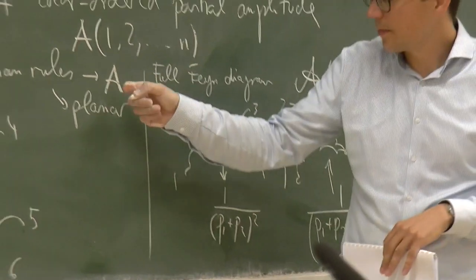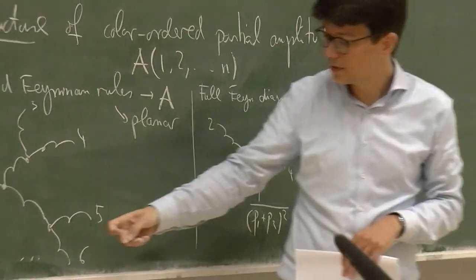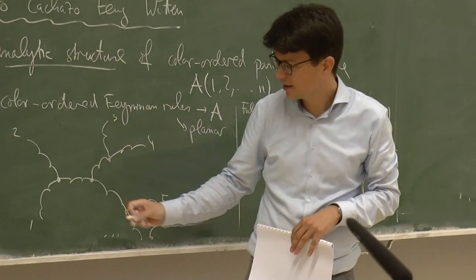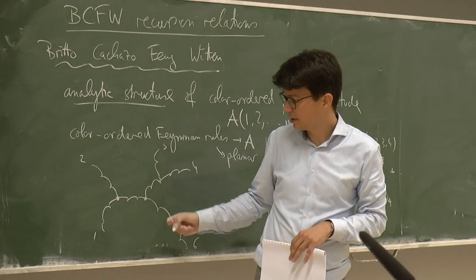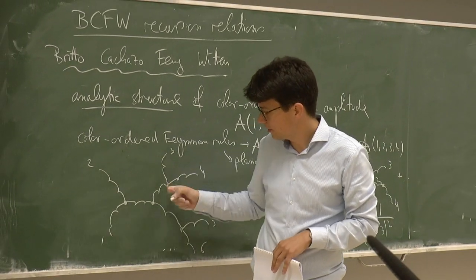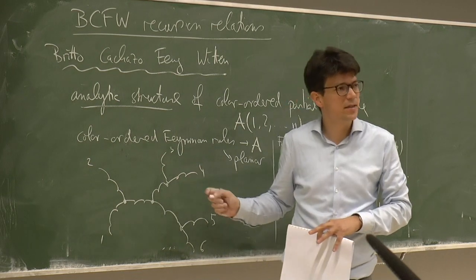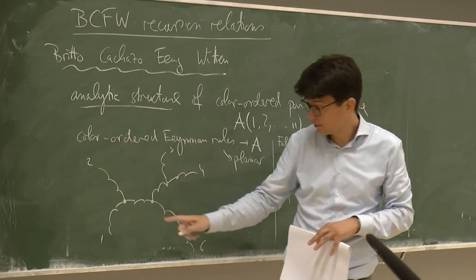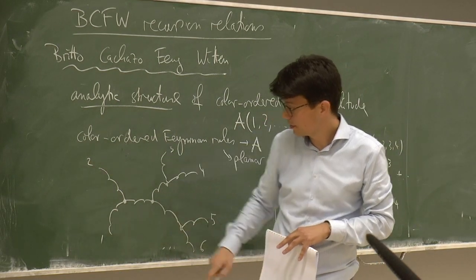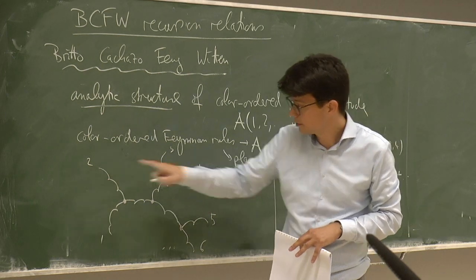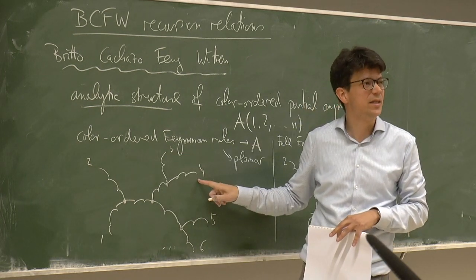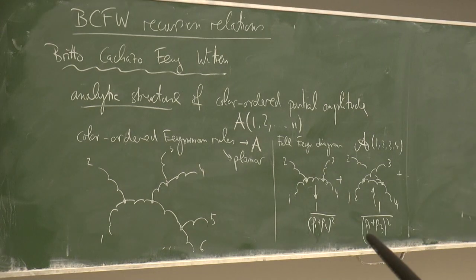But the partial amplitudes can be computed from diagrams which are explicitly planar, where the only poles come from propagators where the momentum that flows through is a sum of adjacent momenta. So for instance, for this one, P1 + P2, and for this one, P1 + P2 + P3 + P4, and so on. So this is the statement that I made up there.